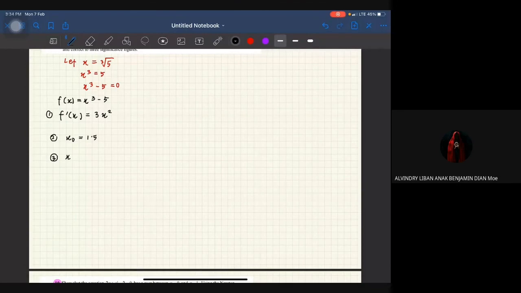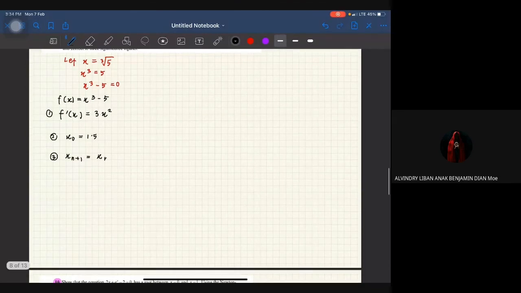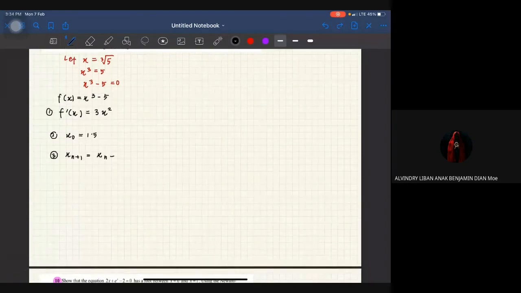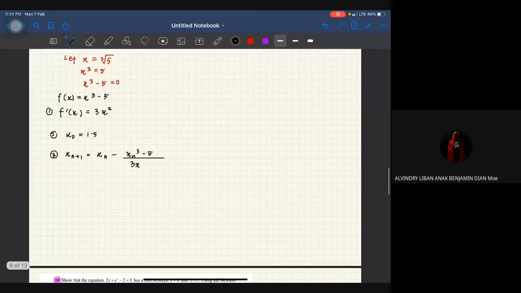So my xn plus 1 is xn minus fx dekat atas, so xn cube minus 5, and then bawah 3xn squared. Settle.